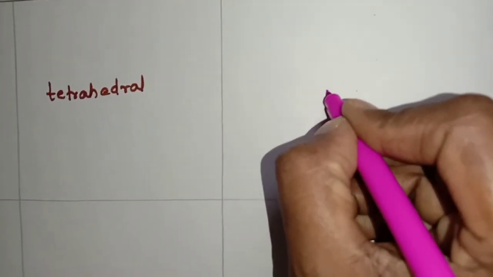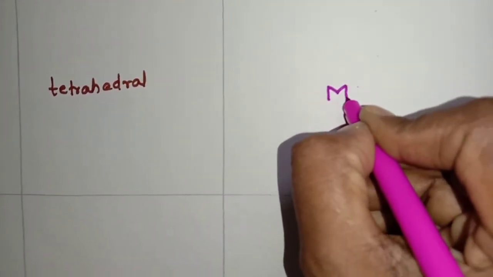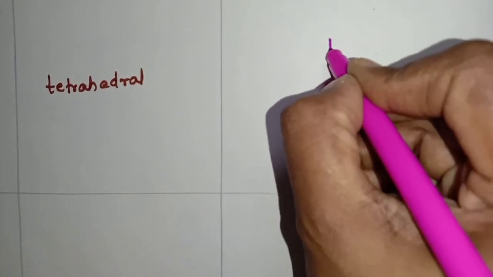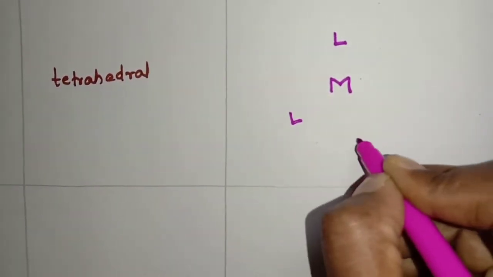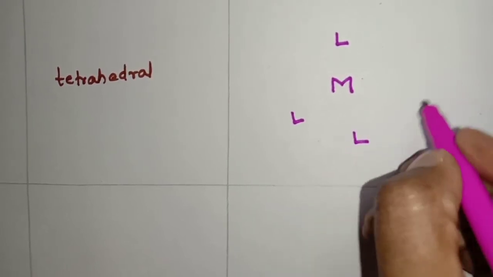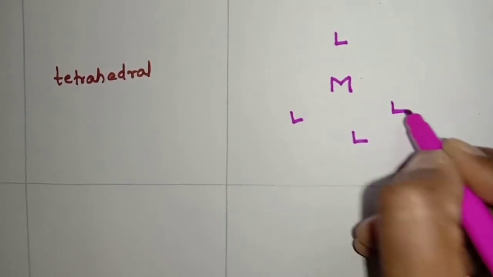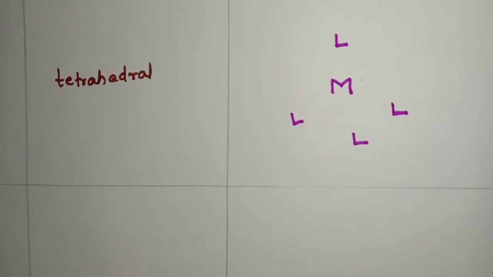So this is the metal atom. These are the 4 ligands.